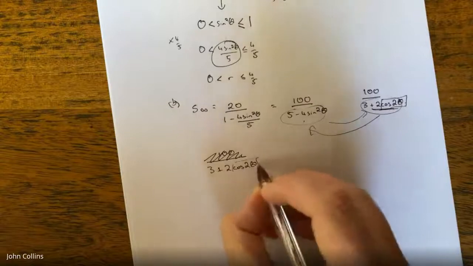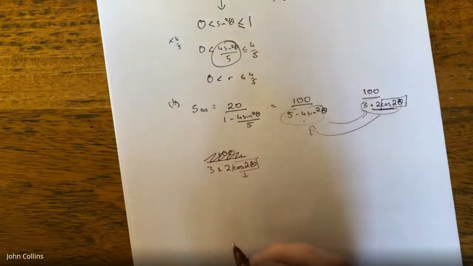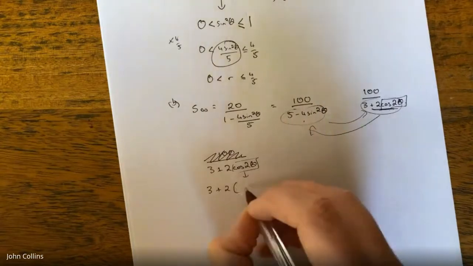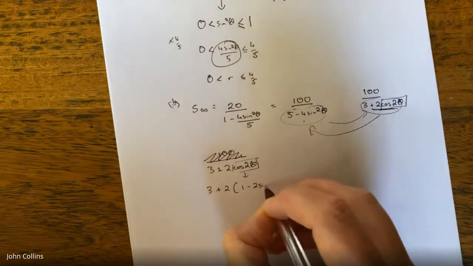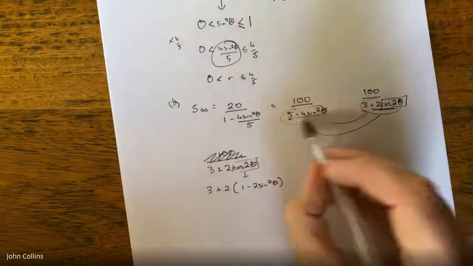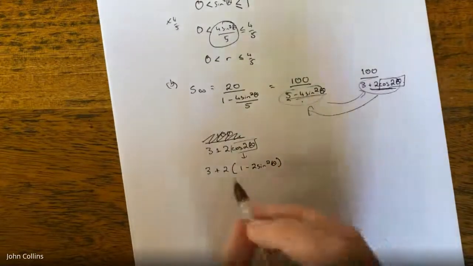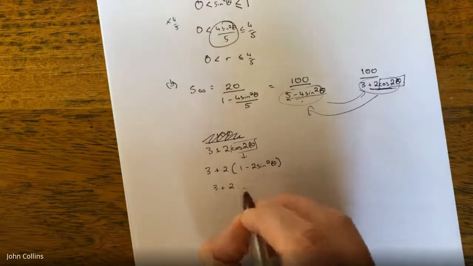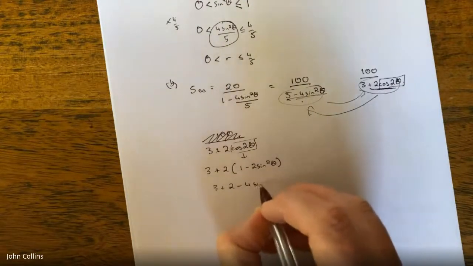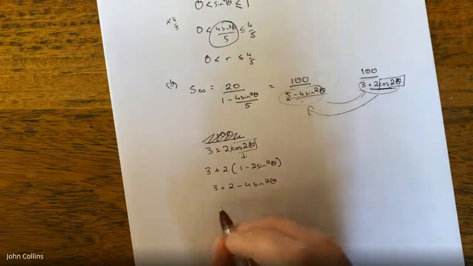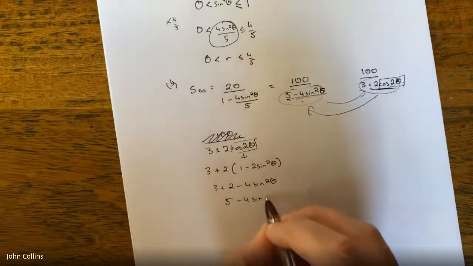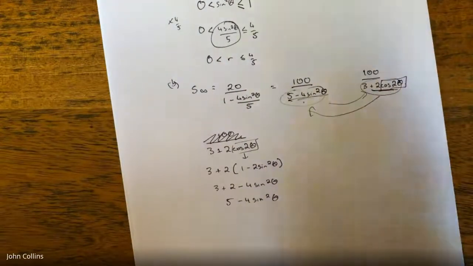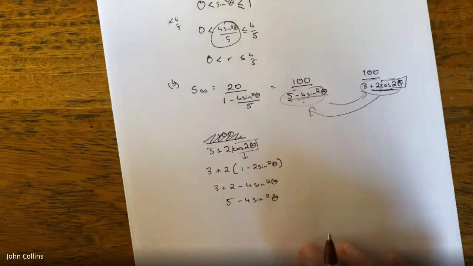So from the formula booklet, this equals 1 minus 2 sine squared theta. So we can already see it's looking like that. And multiplying by 2, you get 3 plus 2 minus 4 sine squared theta, and this is looking good, to be 5 minus 4 sine squared theta. So that is that, and you can say that that's the same as that, so therefore you have shown that.